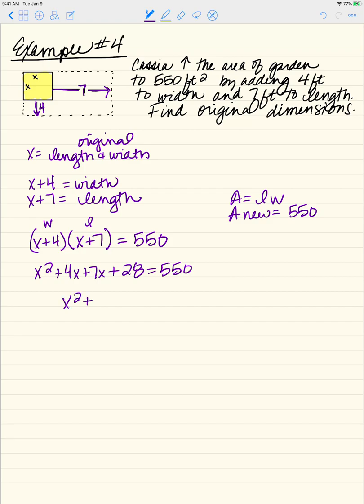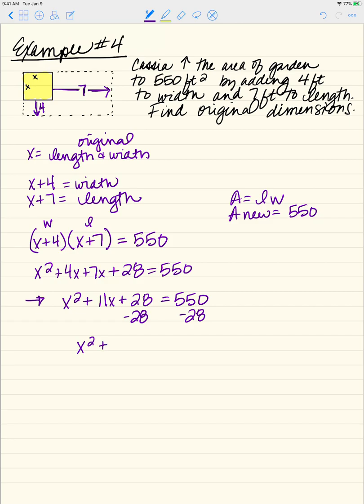So x squared plus 11x plus 28 is equal to 550. Now we're going to complete the square. In order to complete the square, I need to put this into the form x squared plus bx. So first thing I have to do is subtract 28 from both sides.